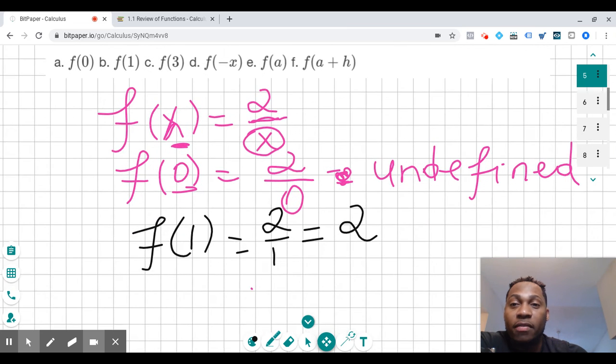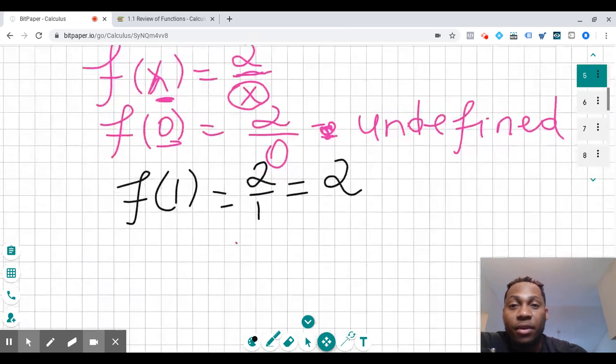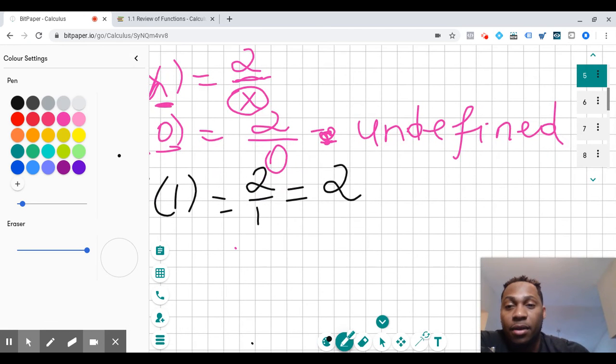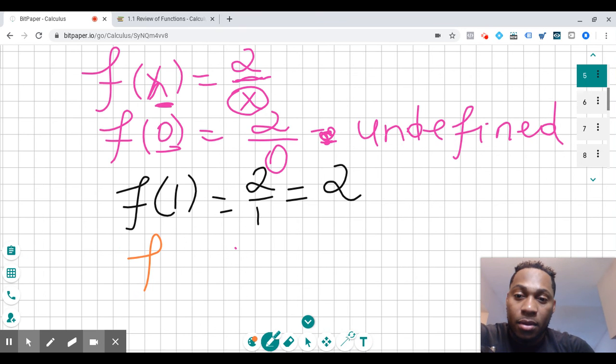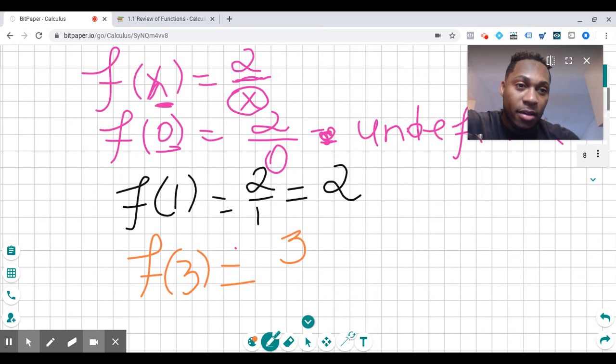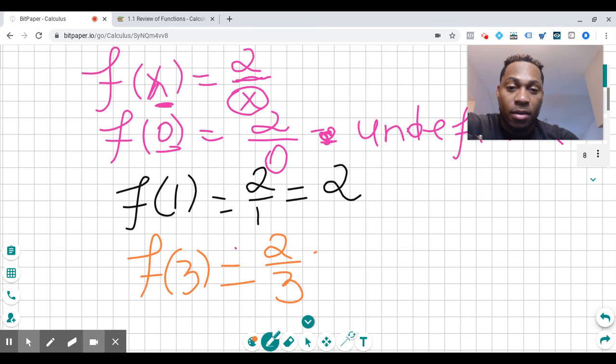We're going to do f of 3. Let's change the color. Let's do orange. F of 3 would be what? 2 divided by 3, which is 2/3.